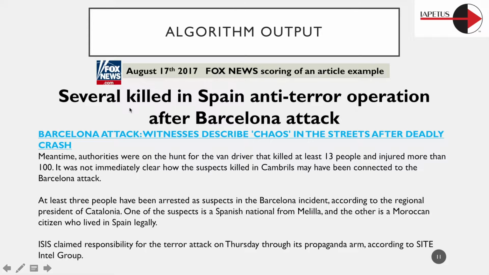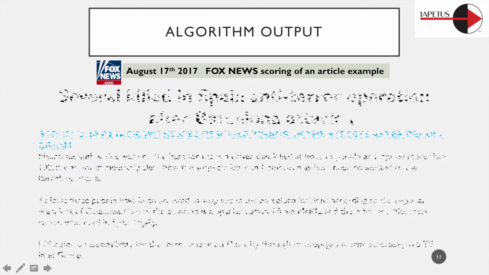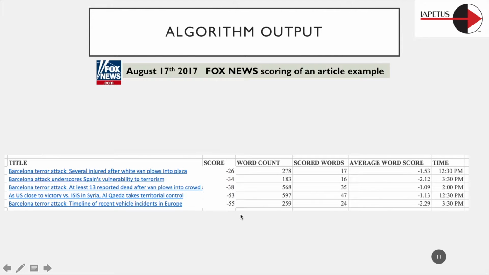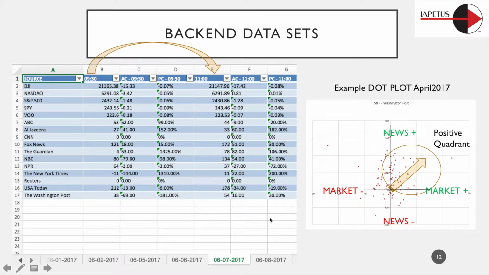We had that horrible news cycle that involved several killed in Spain, the anti-terror operation after the Barcelona attack. So we quantify this, found these articles, score them, and then this is some back-end data sets.